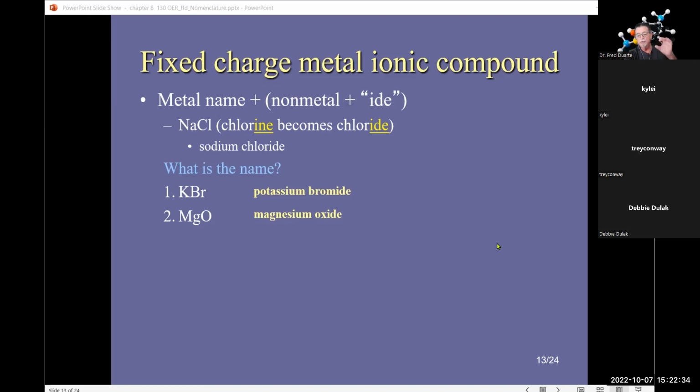Note, no Roman numerals. Why? They're part of the fixed-charge group. So it would not be potassium Roman numeral 1. That would be incorrect. Or magnesium Roman numeral 2. That also would be incorrect. Calcium bonded to fluorine. And you might think, oh, wait a minute, I got F here, and you might be thinking diatomic, because F2.